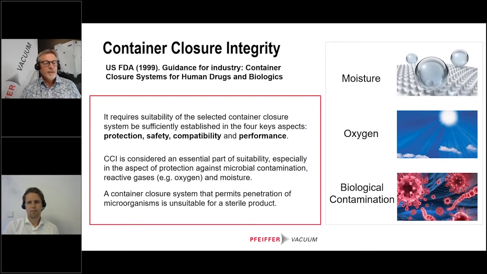As you know, it's an essential part of suitability, especially in the aspect of protection against three main contaminants. Moisture: some drugs, like inhalation drugs, very thin and dry powder, are very sensitive to moisture. Another contaminant could be oxygen, which can affect the efficiency of the drugs. And for sterile product, of course, biological contamination is the main issue.